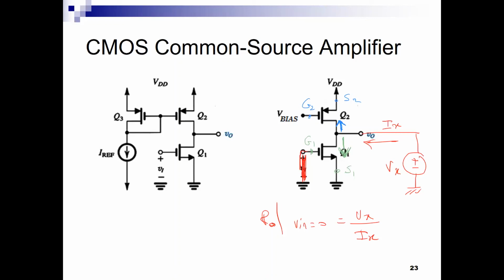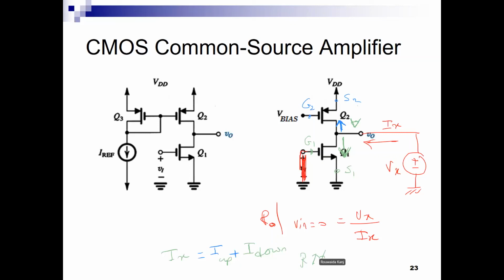So if Ix is equal to the current in blue plus the current in green, the current going down and the current going up, if we want to call it that, then the effective resistance is going to be in parallel.